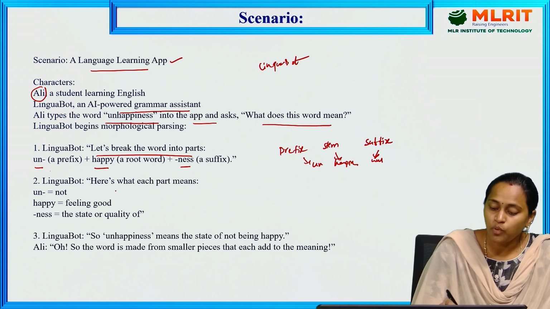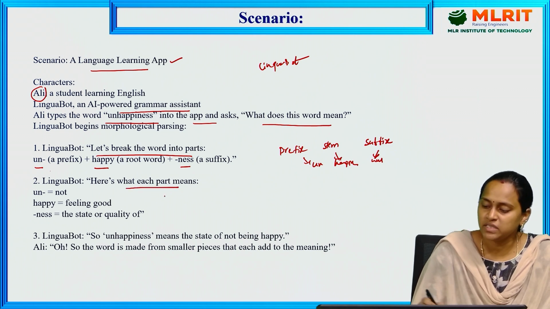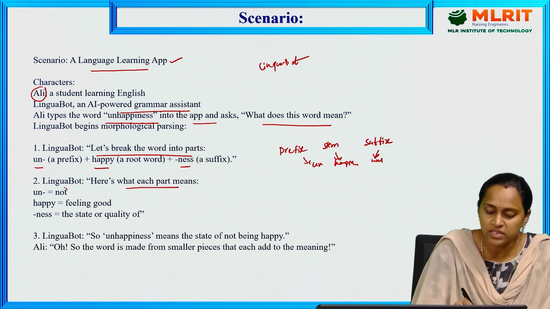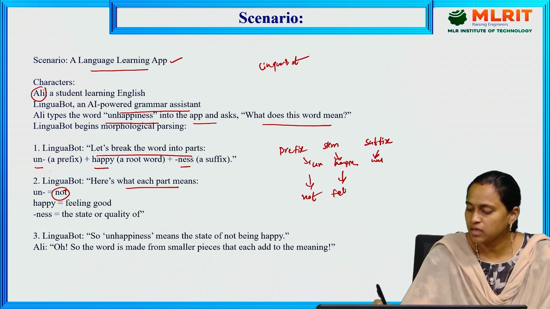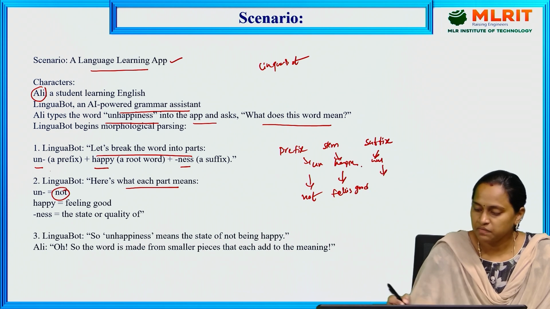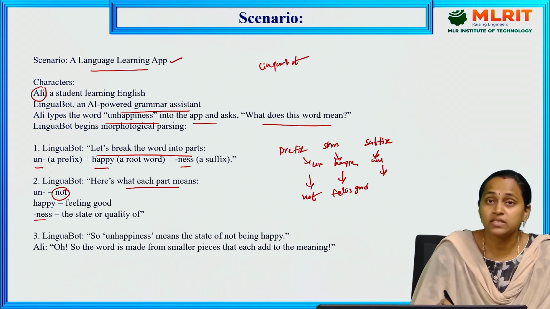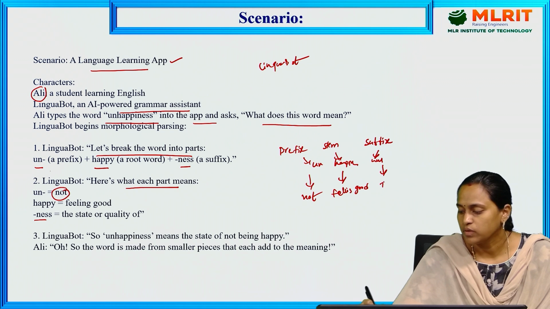Next step: LinguaBot explains what each part means. What is the meaning of un? Un means not. Happy means it feels good. The suffix ness means state or quality of.